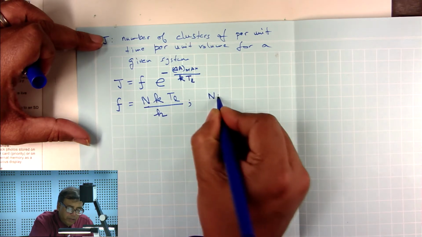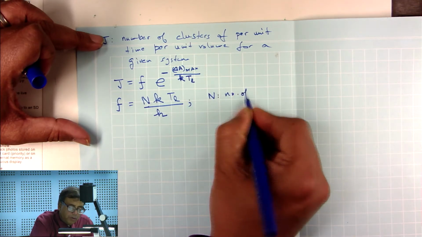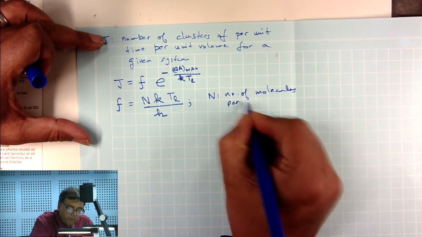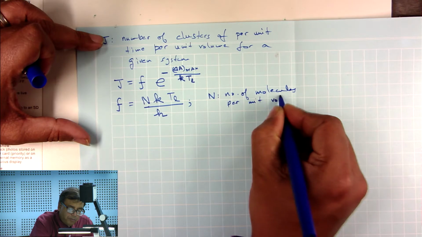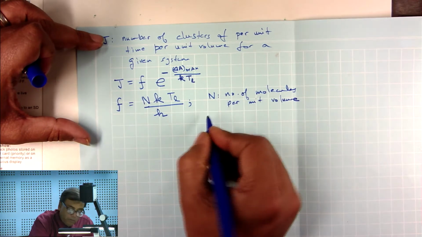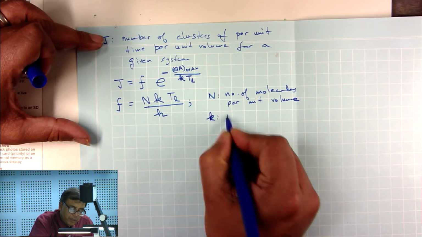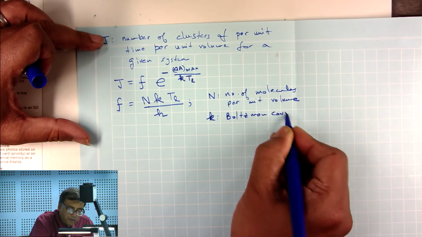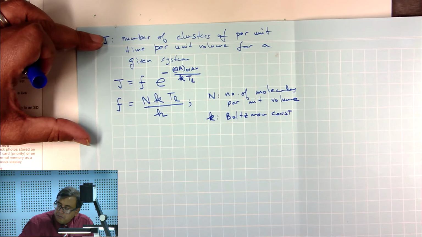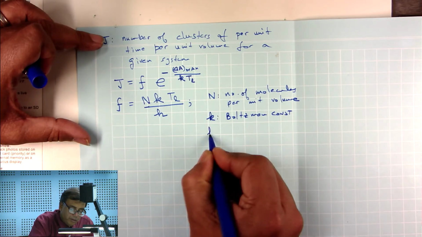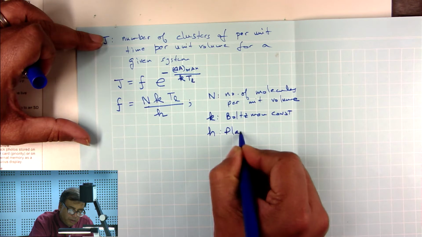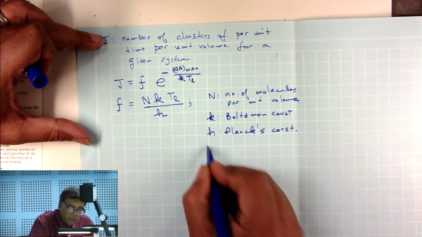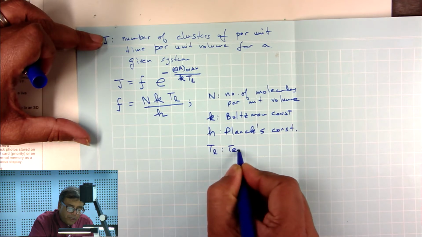So, n is the number of molecules per unit volume, k is the Boltzmann constant, h is the Planck's constant, and TL is the temperature of the liquid.